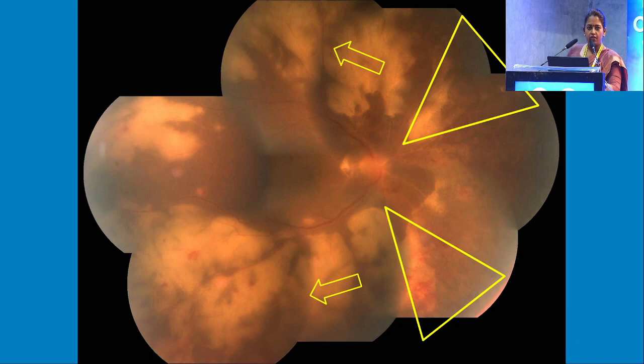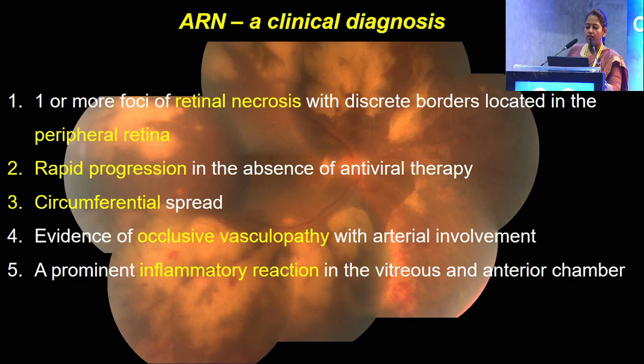There will be a circumferential spread. There will be occlusive vasculopathy with arterial involvement and a prominent inflammatory reaction in the vitreous or anterior chamber. These are the 5 essential criteria. The 3 supportive criteria are scleritis, pain, and optic neuropathy or pallor.